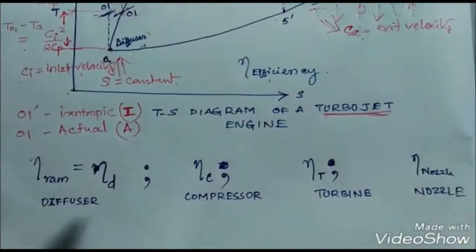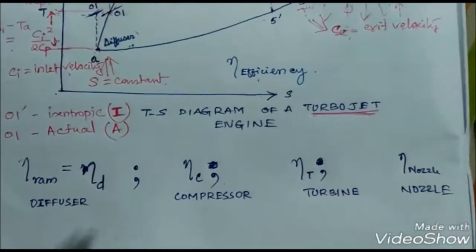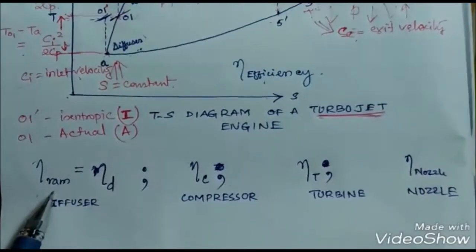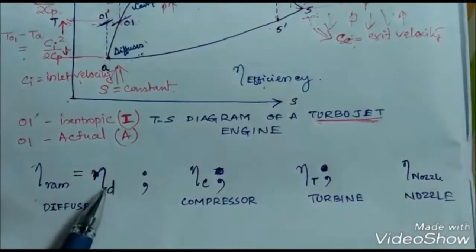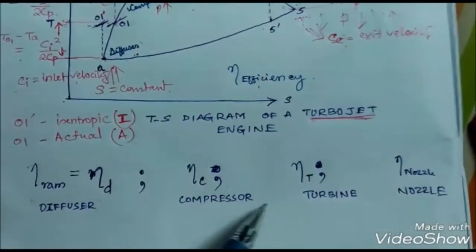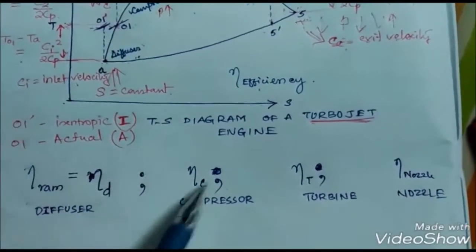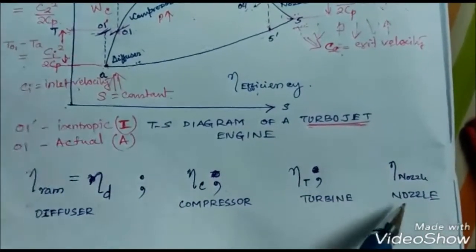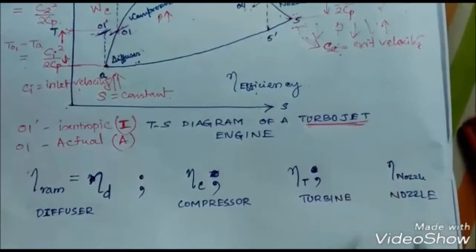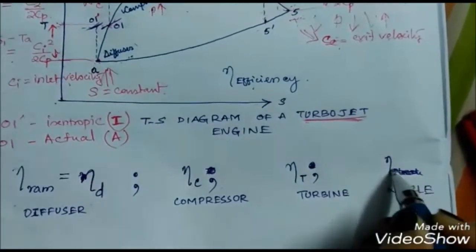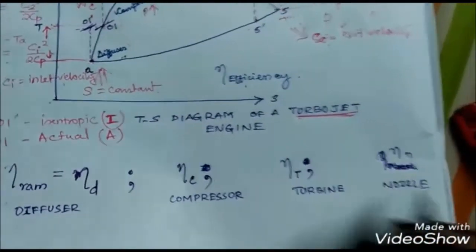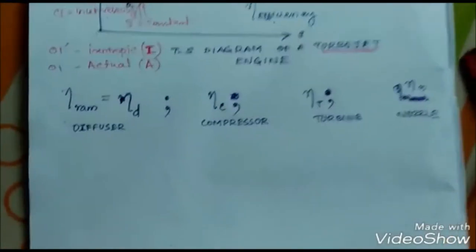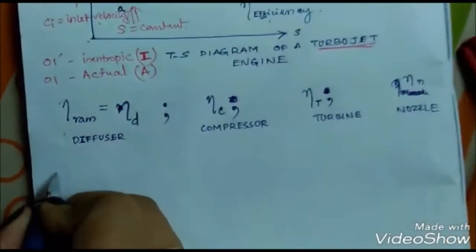Now we are talking about the main efficiencies. The ram efficiency or diffuser efficiency is denoted by the letter eta D, compressor efficiency eta C, turbine efficiency eta T, and nozzle efficiency eta N. So how can you remember these?